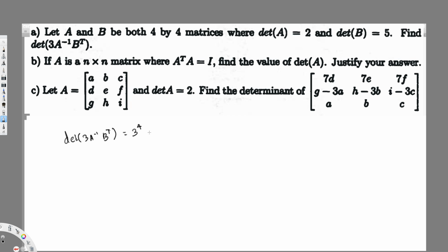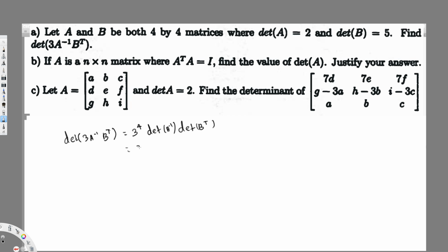And then I have to calculate determinant A inverse. Then I have to calculate determinant B transpose. So I can write separately determinant A inverse times B transpose. It means I can multiply both of them.